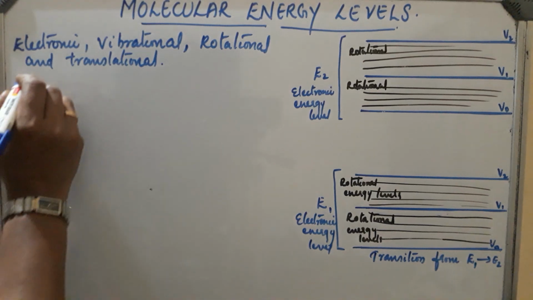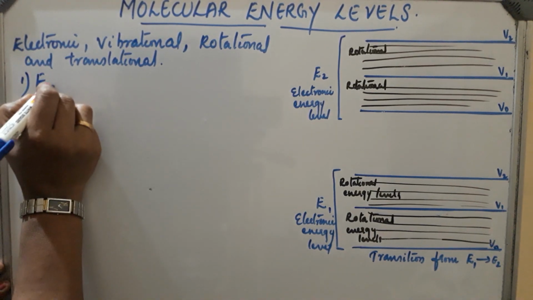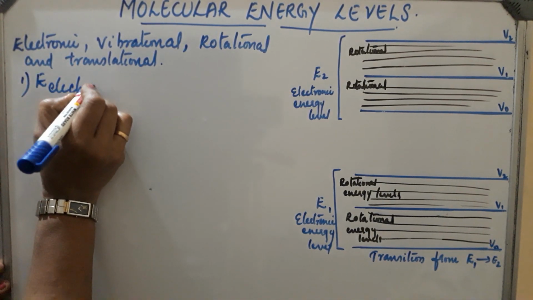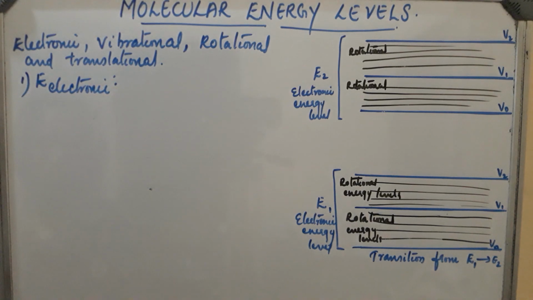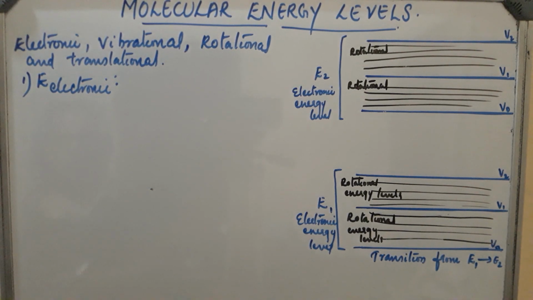First one, electronic energy level. Now what is electronic energy level? It is associated with electrons present in a molecule, which can occupy various molecular energy levels.